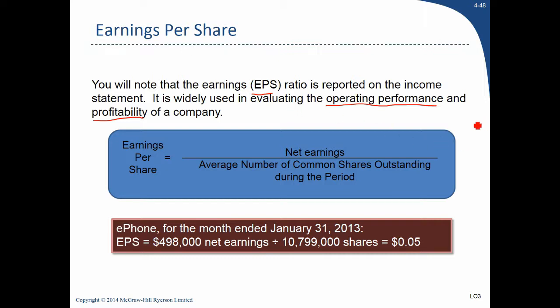So earnings per share is just the net earnings or the net income, and remember, that's just your profit, right? Revenue minus expense, divided by the average number of common shares outstanding during the period. The reason we use the average again is because if at some point during the year you issued common shares, your balance at the end is going to be higher than your balance at the beginning, or vice versa.